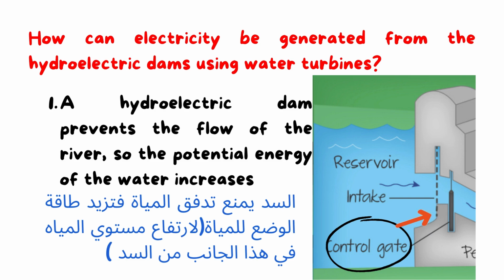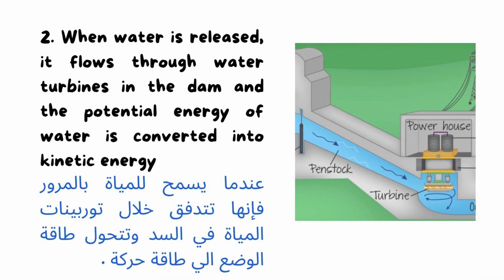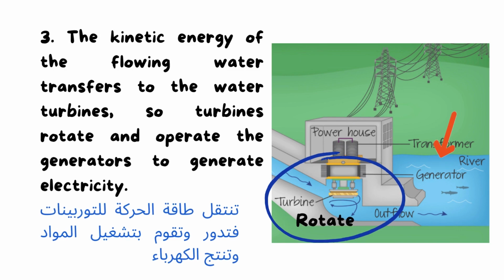Then water is released, allowed to flow from this dam. So it flows through water turbines in the dam, and the potential energy of the water is converted into kinetic energy, okay. And then this kinetic energy of the flowing water transfers to the water turbines. So turbines now rotate and operate the generators to generate electricity, okay.